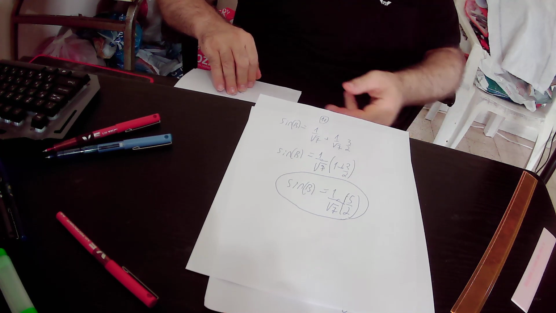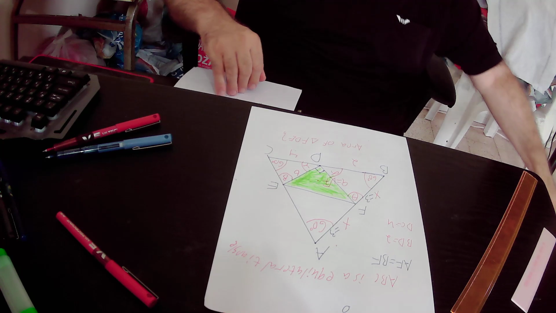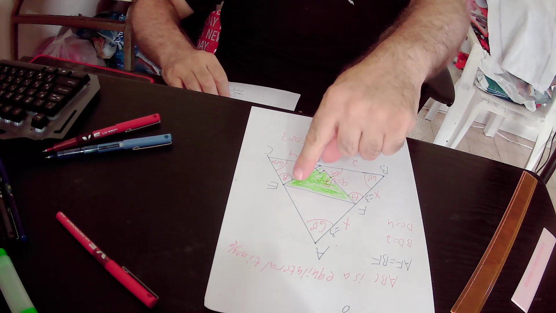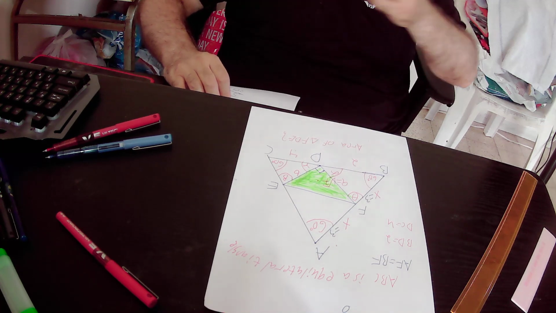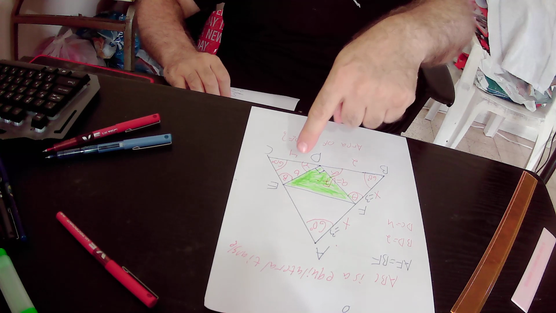So after we found the value of sine beta, we actually can find the value of B by implementing the law of sines in triangle DEC, the small triangle DEC.